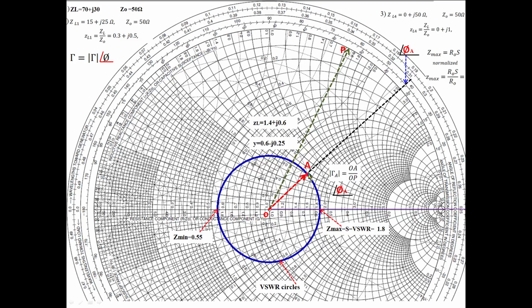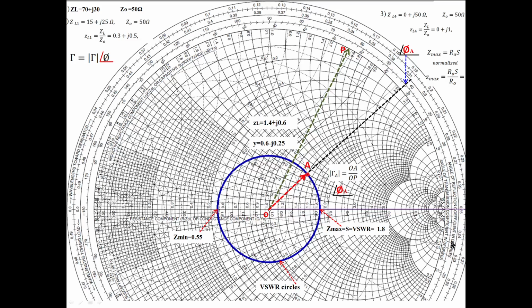To find the phase of this reflection coefficient, extend the line passing through the load point to the reflection coefficient angle scale. Measure the angle value. That gives the angle of the reflection coefficient. The angle starts from here. This is 0 and it increases with plus values, plus 10, 20, 30 like that. But if you go below like this, it is 0 here, but it is minus 10, minus 20, because the angle may be negative also.